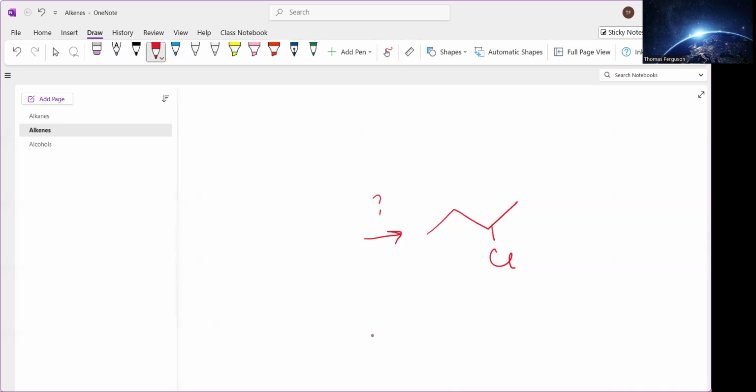Halogenation? Halogenation of what? Okay, one way, she said halogenation of an alkane. So we have the same backbone. Backbone is 1, 2, 3, 4.